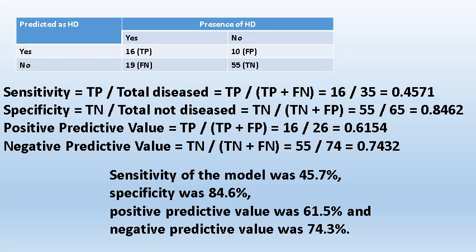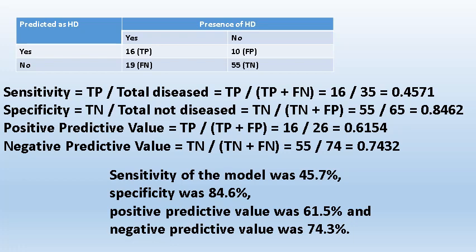Negative predictive value means true negative divided by true negative plus false negative. True negative is 55 divided by true negative plus false negative, which is 74. So 0.7432 is the negative predictive value.